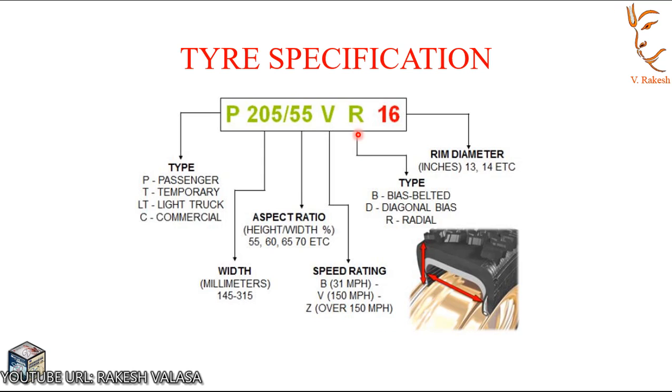Next letter is R. R means type of construction, type of plies. Here B indicates bias belted plies. D indicates diagonal, which means cross or bias plies. R indicates radial plies. Last number 16 indicates rim diameter in inches.